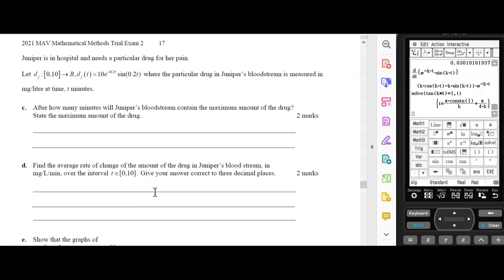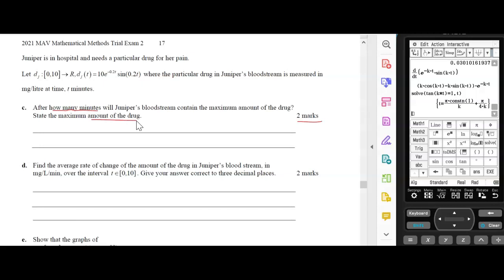State the maximum amount of the drug. All right. This question is worth 2 marks, so we've got to think about what those 2 marks are going to be. So after how many minutes would it contain the maximum amount of the drug, and state the amount. So we've got to do how many minutes and the amount of the drug.